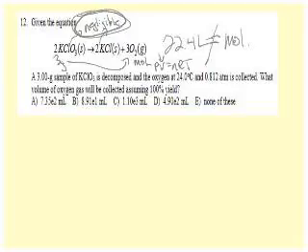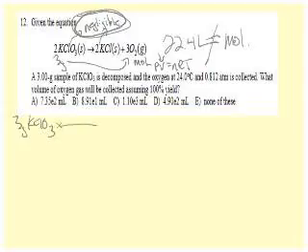Okay. So 3 grams of KClO3. And the molar mass of KClO3 is 39.1 for potassium, plus 35.45 for chlorine, plus 48 for 3 oxygens.